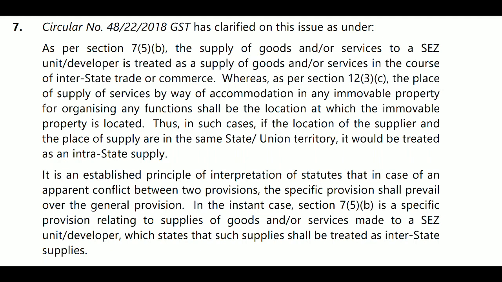Thus in such cases, if the location of the supplier and the place of supply are in the same state or union territory, it would be treated as intrastate supply.